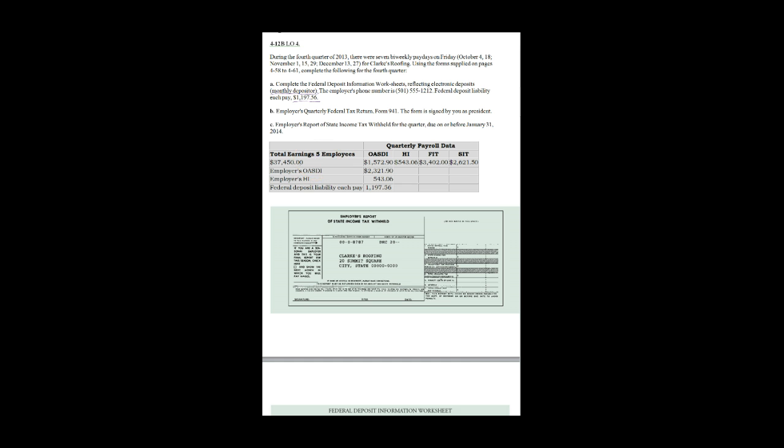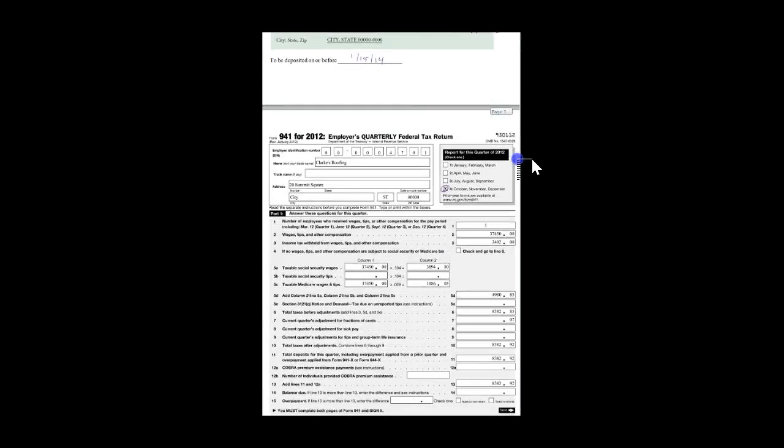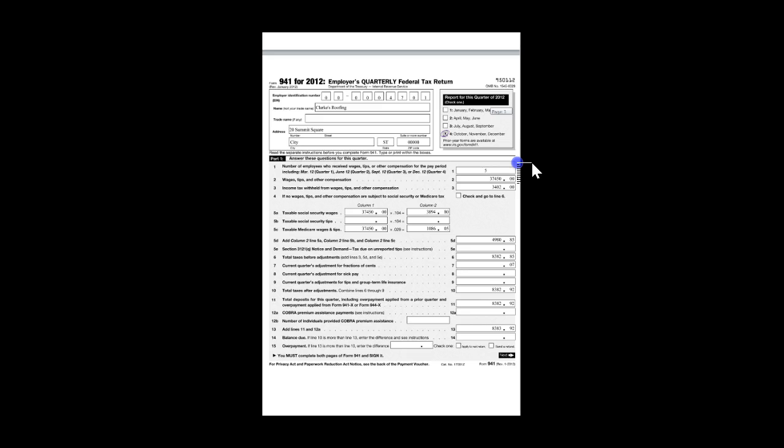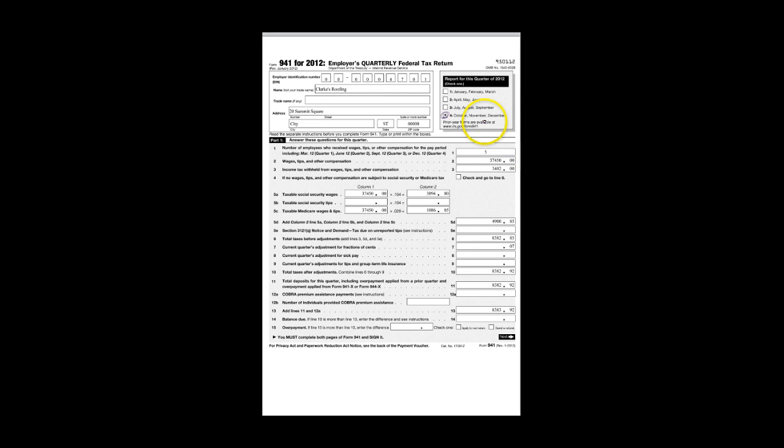and the total that was withheld for federal income tax was $3402. It was just given. So go back down to our form. That's the total wages, $3402. Take the taxable security wages.